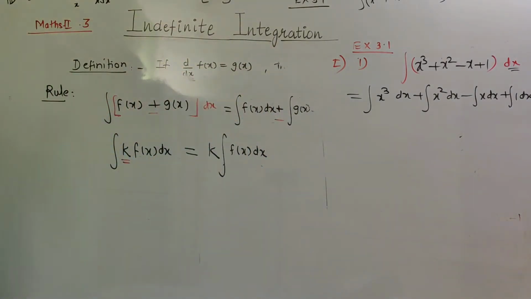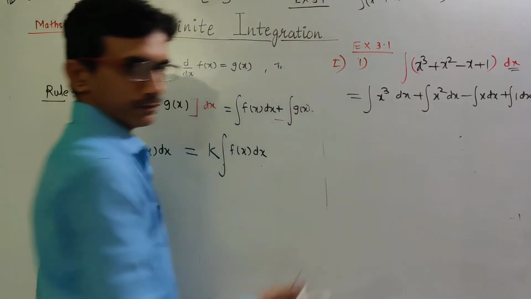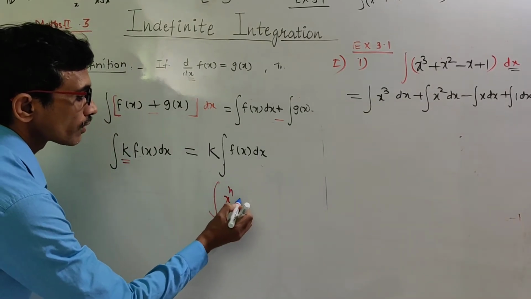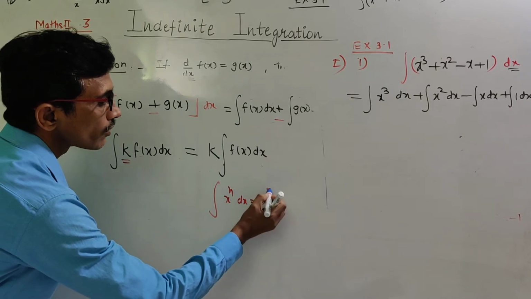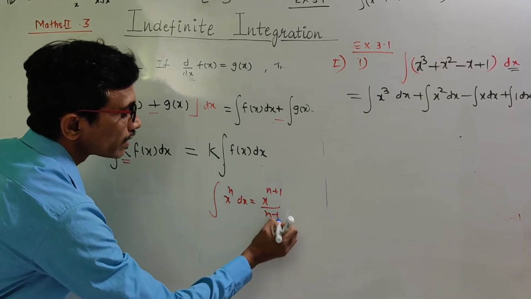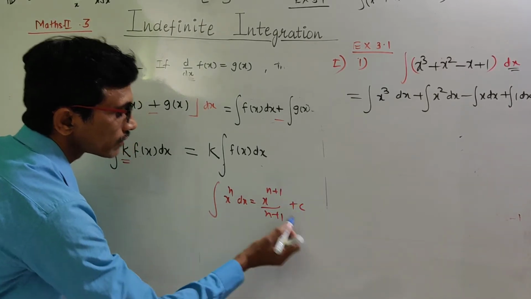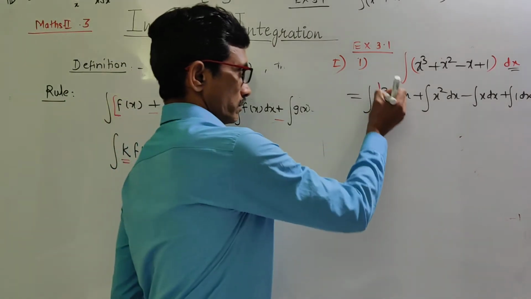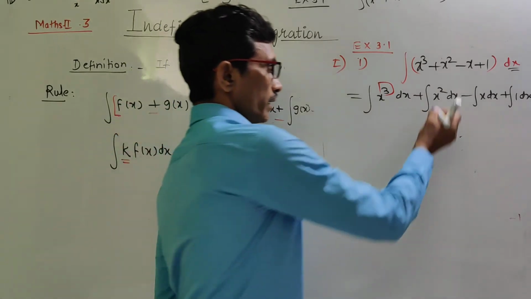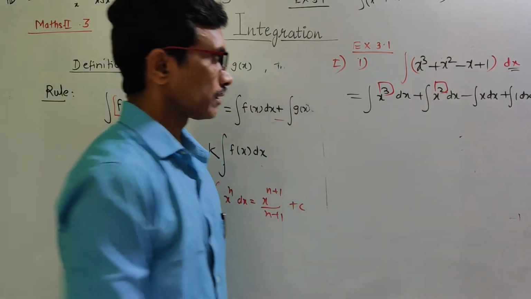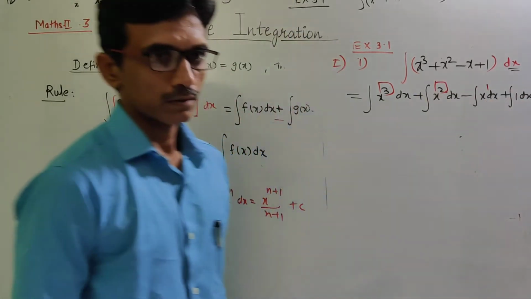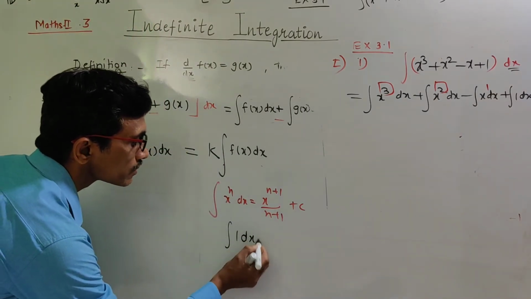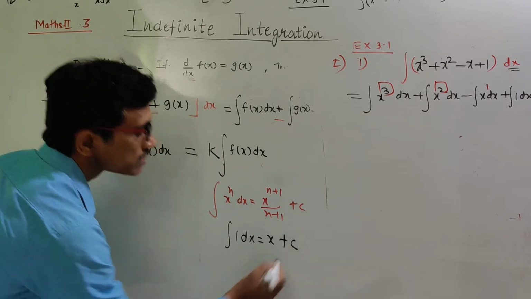Then see integral of x raised to power n formula, integral x raised to power n dx, that is x raised to power n plus 1 upon n plus 1 plus c, where n is not equal to minus 1. यहाँ पे आपका n जो है 3 है, यहाँ पे n 2 है, यहाँ पे n क्या है 1, and another formula is integral 1 dx is equal to x plus c.